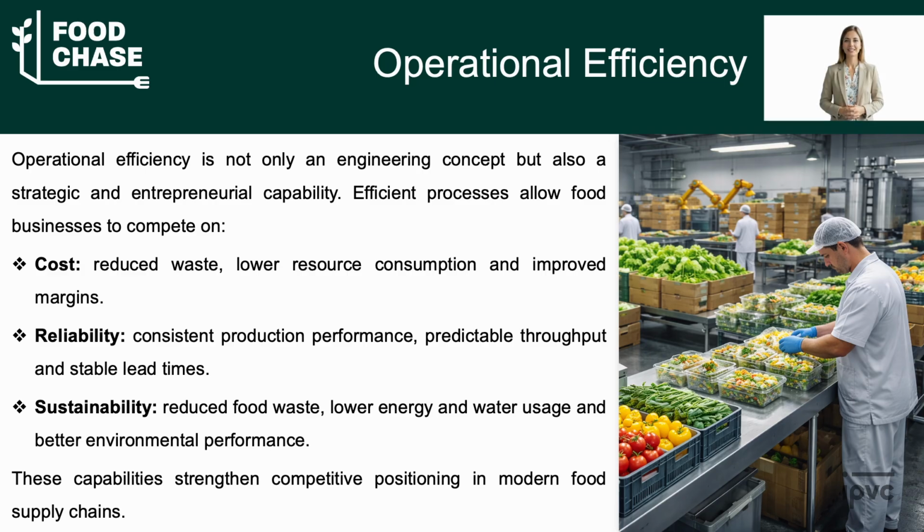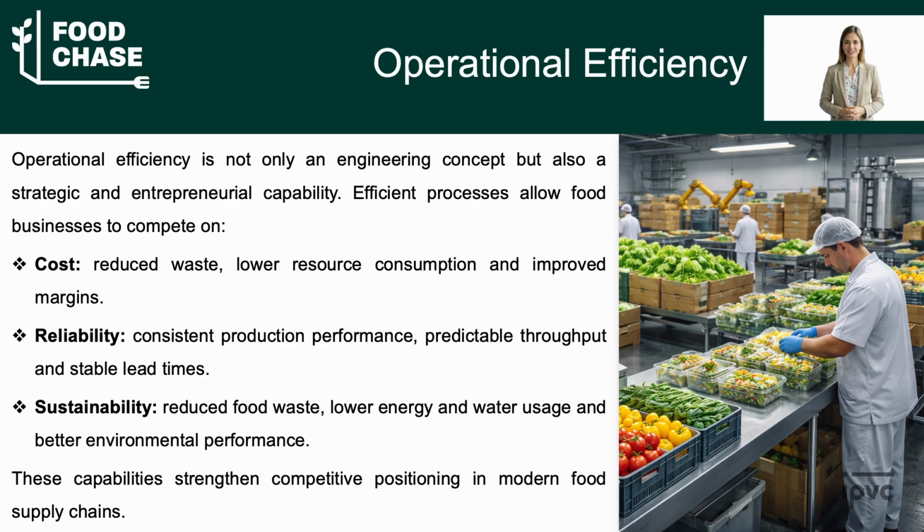Operational efficiency is more than an engineering or technical concern. It is also a strategic and entrepreneurial capability. When food processing businesses design and manage efficient processes, they are able to compete more effectively on cost, reliability, and sustainability. Cost advantages arise from reduced waste, lower resource consumption, and improved margins.